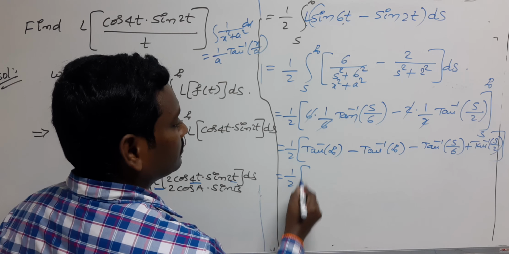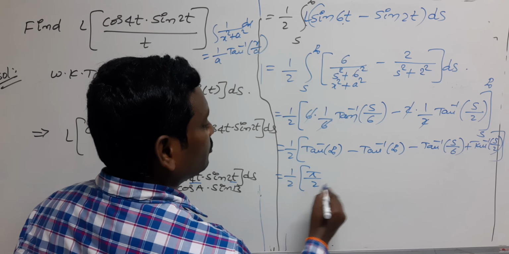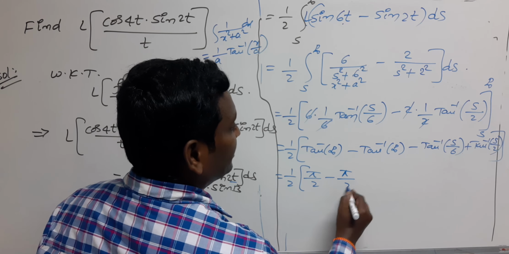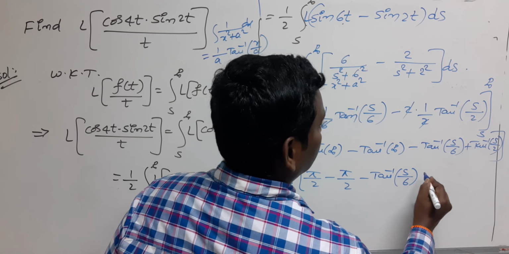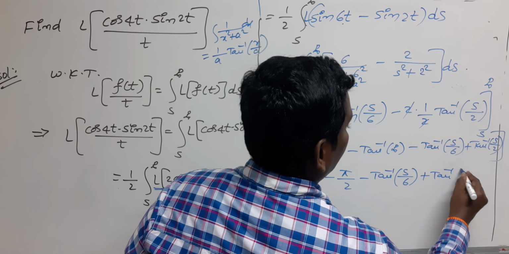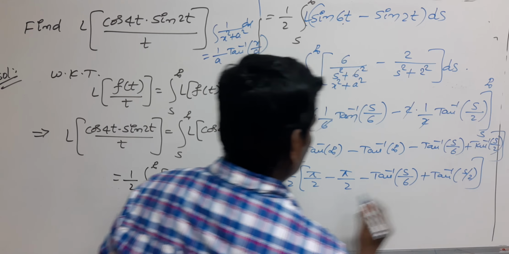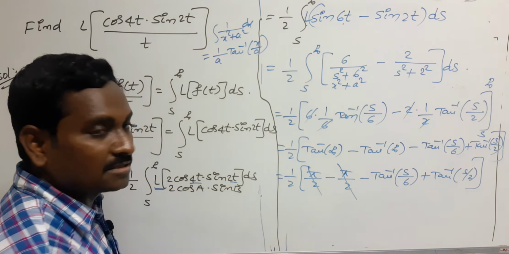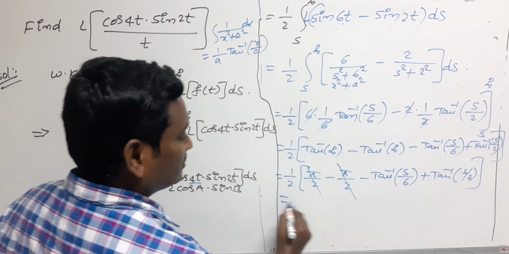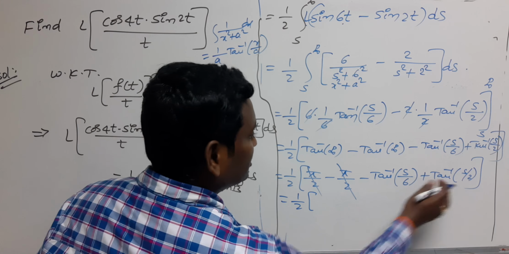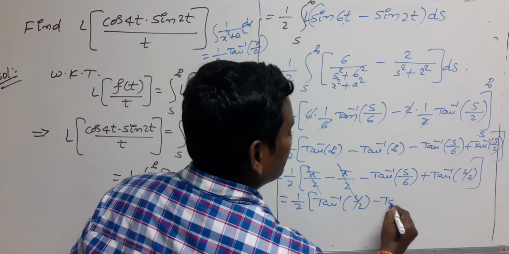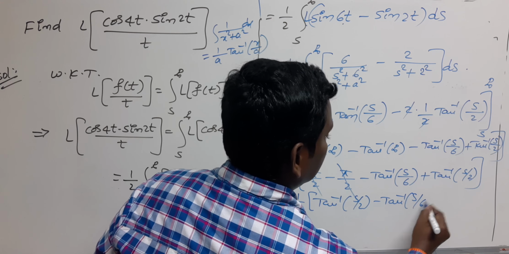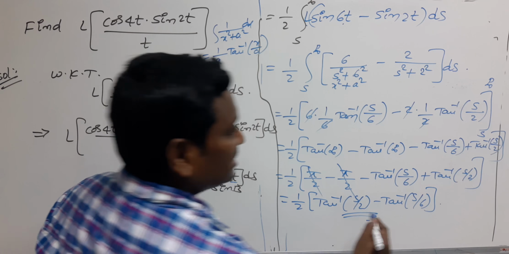So half into, this is nothing but pi by 2 minus pi by 2 minus tan inverse of s by 6 plus tan inverse of s by 2. So pi by 2 getting cancelled. The remaining term is 1 by 2 into, first write this term. So you will get tan inverse of s by 2 minus tan inverse of s by 6. This is the conclusion step.